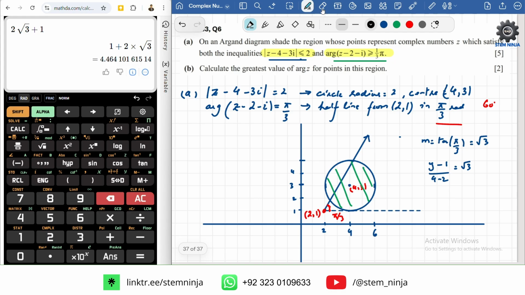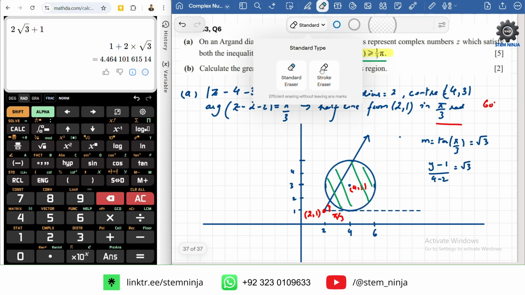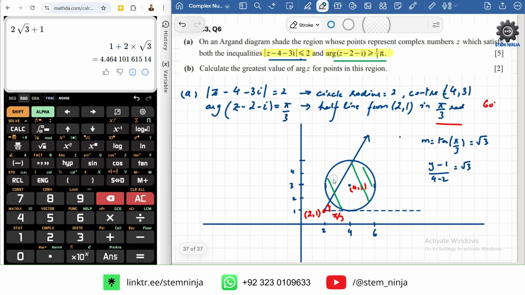If we combine them, so wait, I'll use the stroke eraser. This would mean specifically only this part. Actually, wait, let's go with a little bit smaller. Right, so basically this part.